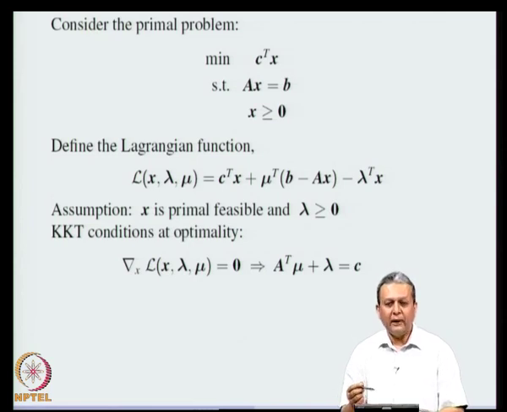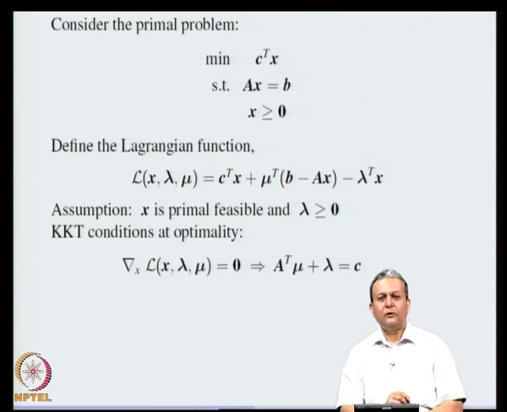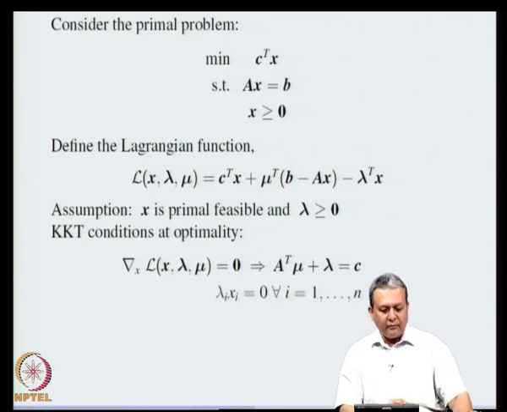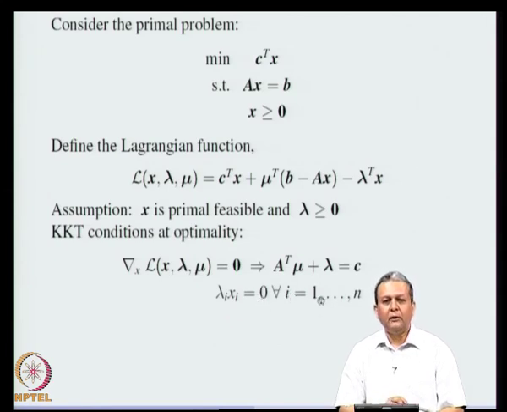Now, we have two variables mu and lambda which need to be determined, but the complementary slackness conditions become very useful at this moment. The complementary slackness conditions say that lambda i xi should be equal to 0 for all i going from 1 to n, which means that if a particular xi is greater than 0, then the corresponding lambda has to be equal to 0.